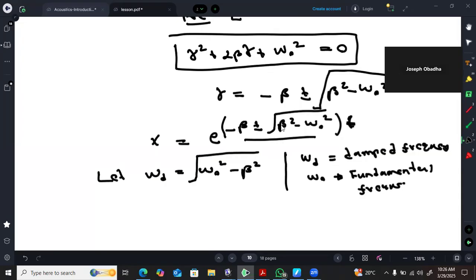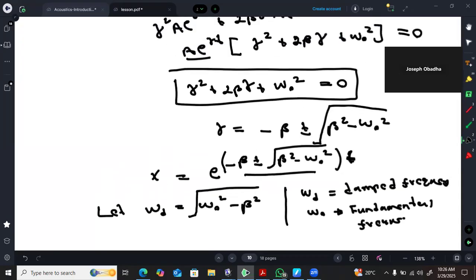Because the moment we do this, you can see from this expression that what we have here would be negative, because omega d is equal to the root of omega naught squared minus beta squared. So this is the same as having written this one as the negative of omega naught squared minus beta squared, then we get the root of this.